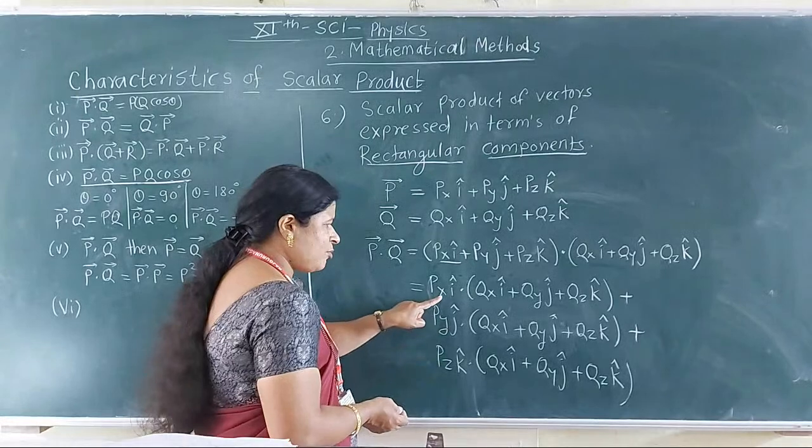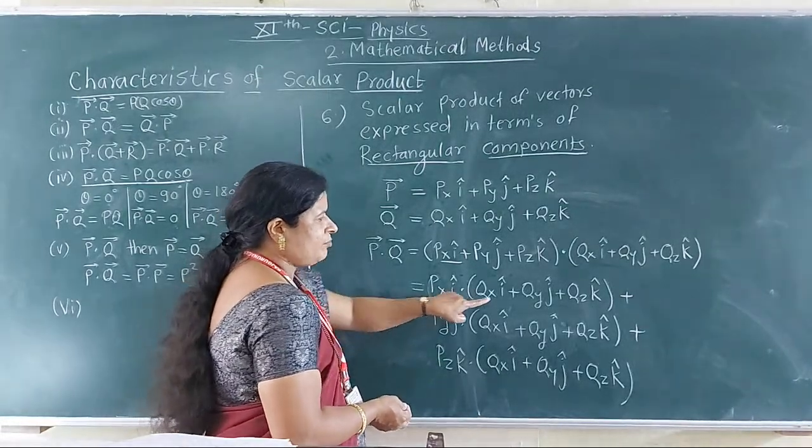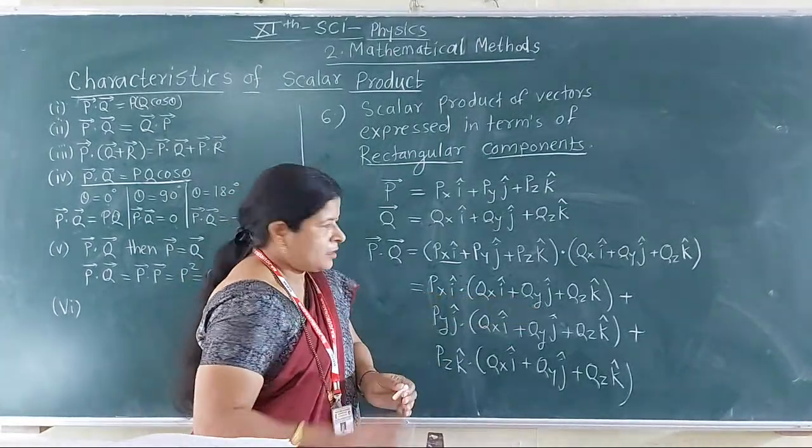Now we have to multiply Px i cap with this total bracket.